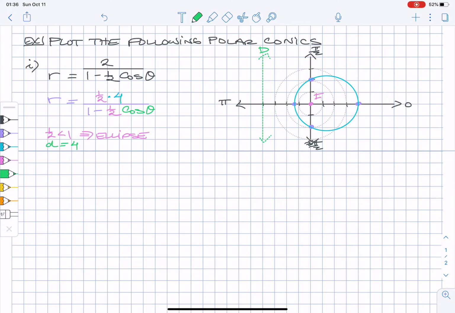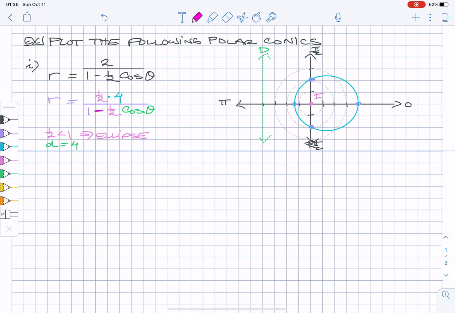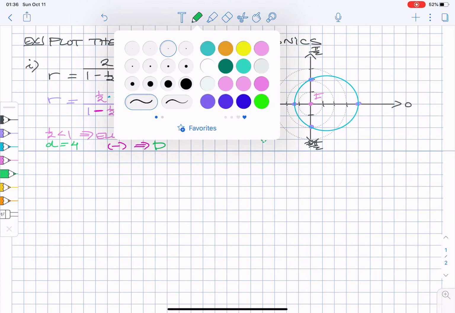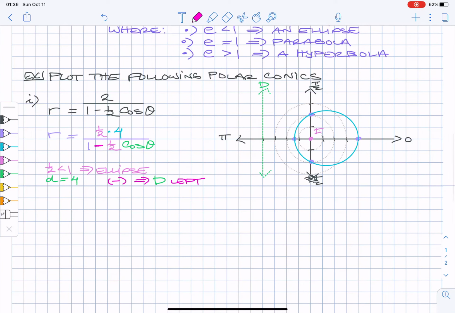But now this negative here means the directrix is to the left. So negative implies directrix D is on the left. So that'll tell us the placement of the directrix.